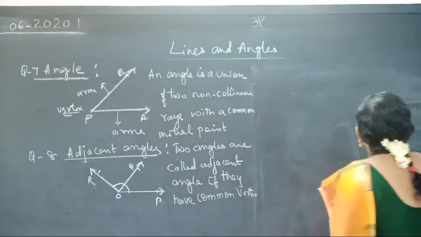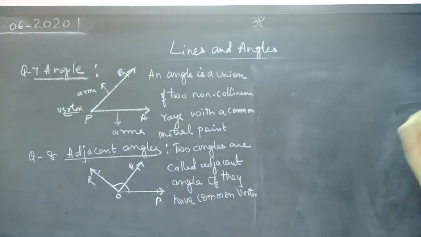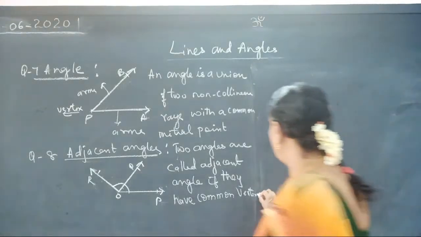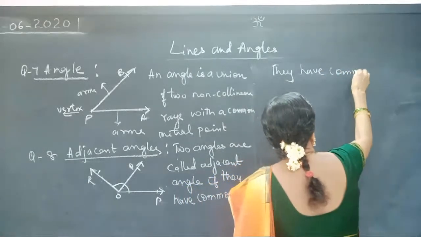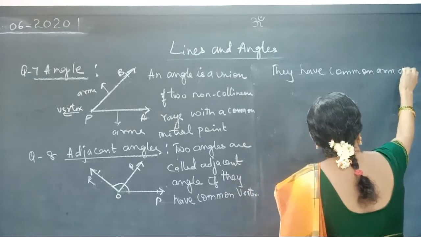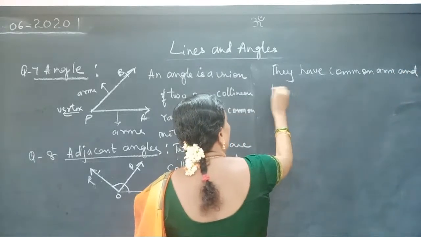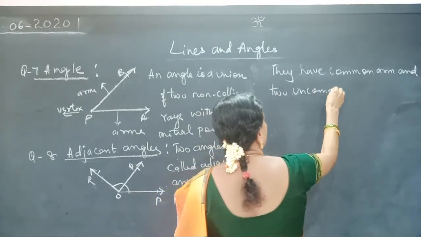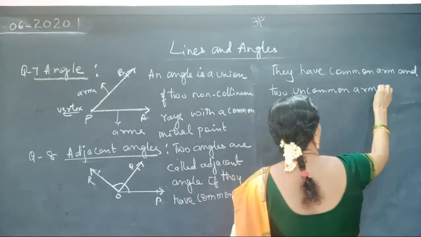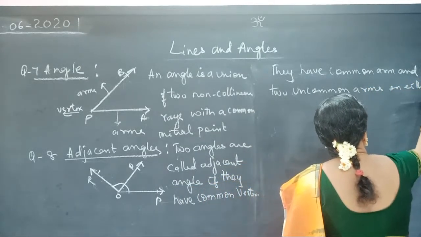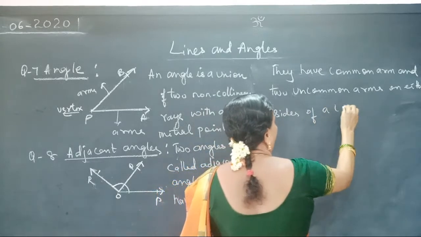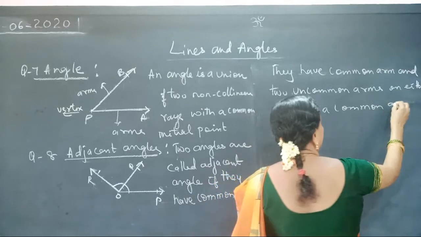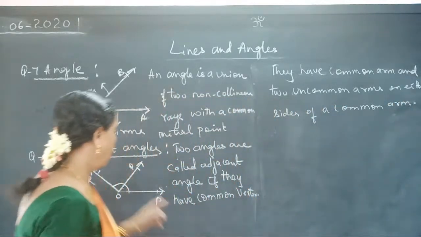So if they have a common vertex, a common arm, and two uncommon arms on either side of the common arm, then only we consider them adjacent angles.